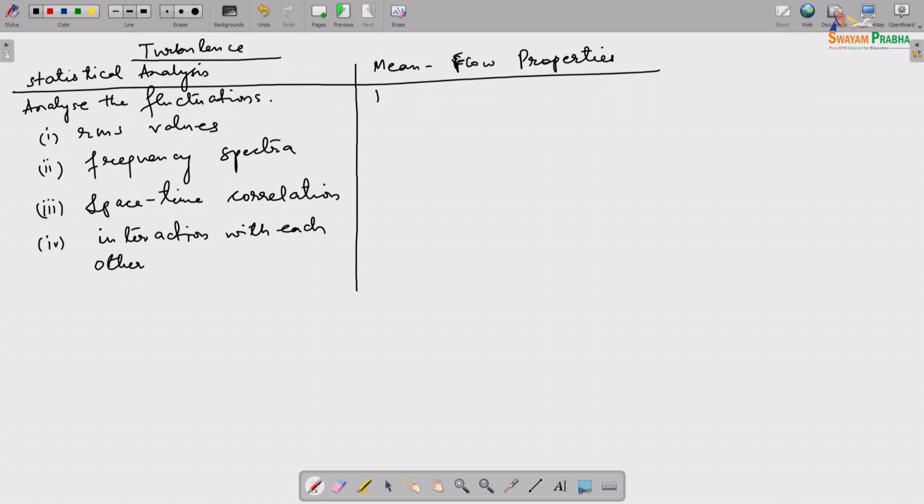So in this case we look at, or say predict, gross properties, right.